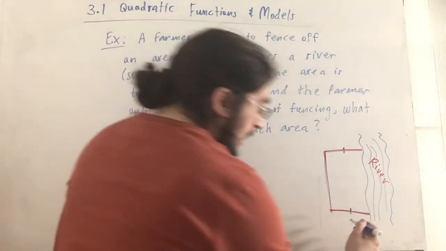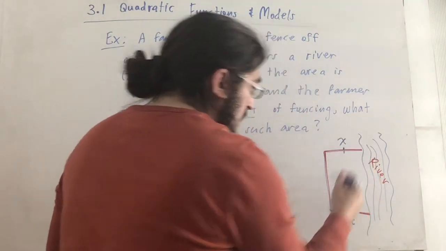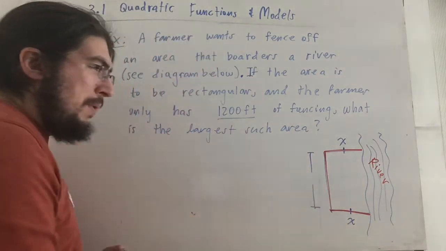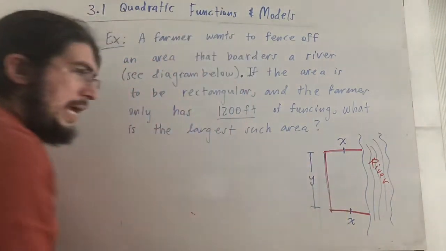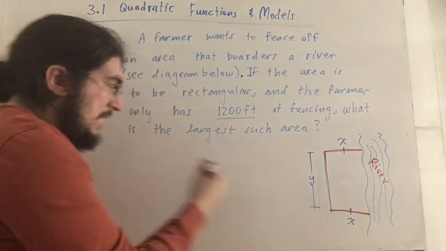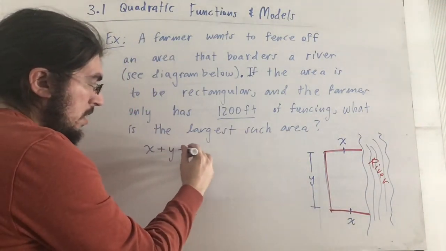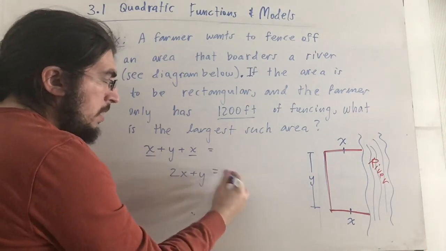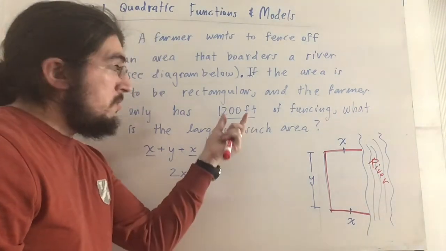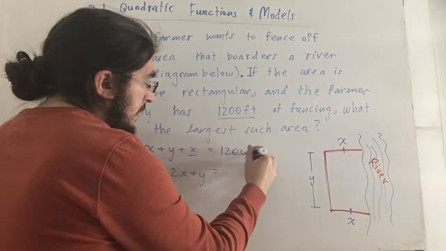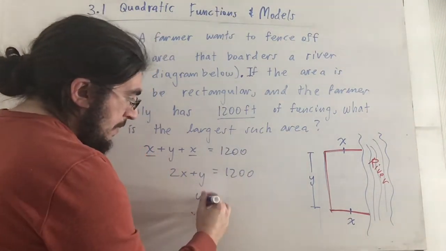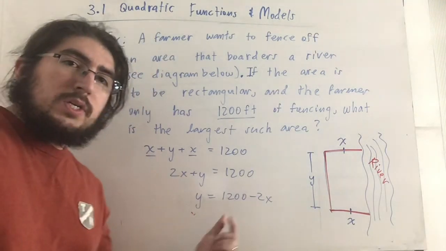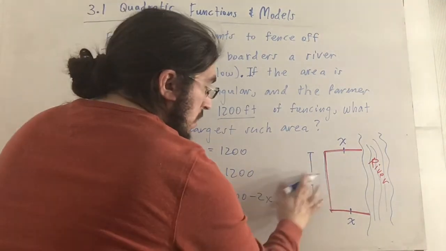If we call each of these lengths x, I guess you could call this remaining length y, but notice x plus y plus x is just what? Well, of course, x combined is 2x, so this is really 2x plus y. But more importantly, it's equal to the total amount of fencing we're using, which is 1,200. So actually, you can solve for y by subtracting 2x. So really, we shouldn't call it y, we should just say it's the total minus 2x.